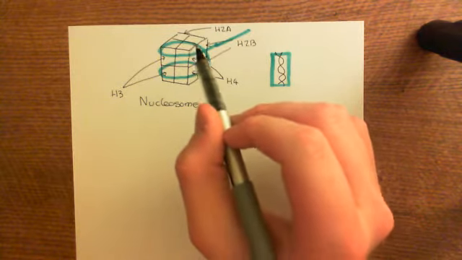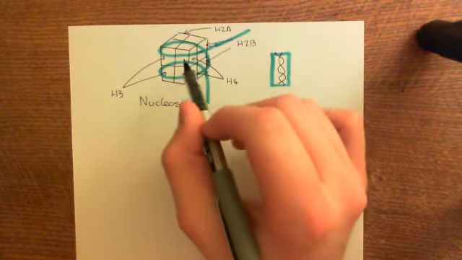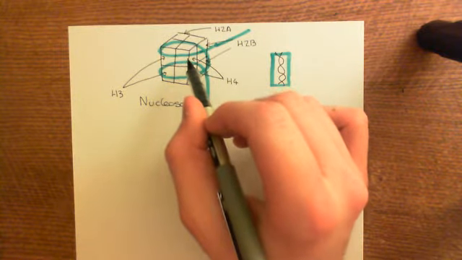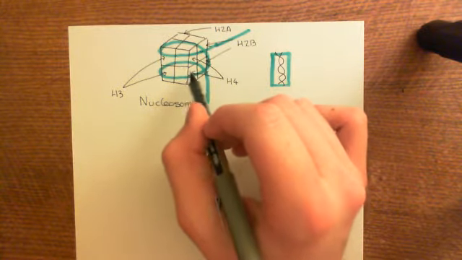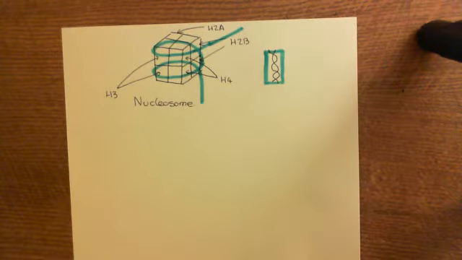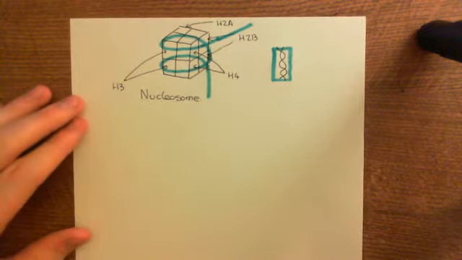And the way that you can do that is by acetylating certain residues on the histone, so by adding acetyl groups onto certain residues on the histones. And this is another thing that these glucocorticoid receptor dimers are going to trigger. They're going to trigger histone acetylation.